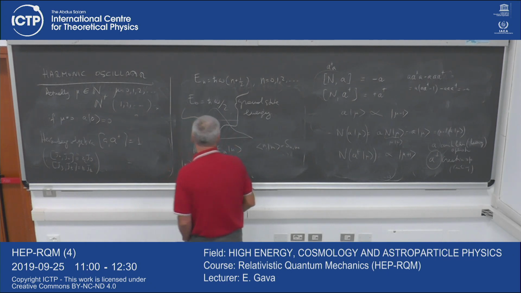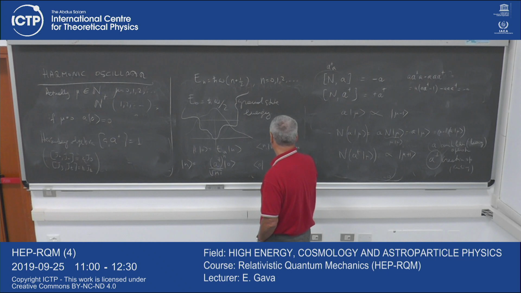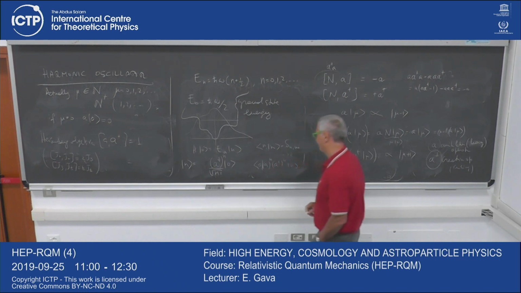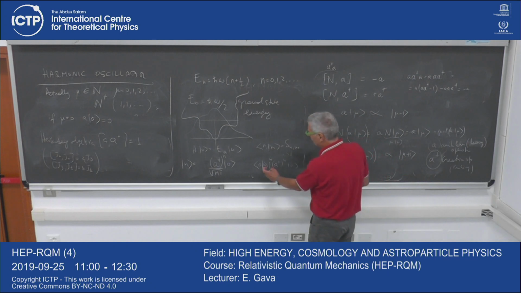Why is that? Because if you compute the norm of this state, you have a dagger to the power n and this is a to the power n, right? This is the norm, right? What is the procedure to do that? Well, you have to move the annihilation operators. If you move an a here, you get 0, right?